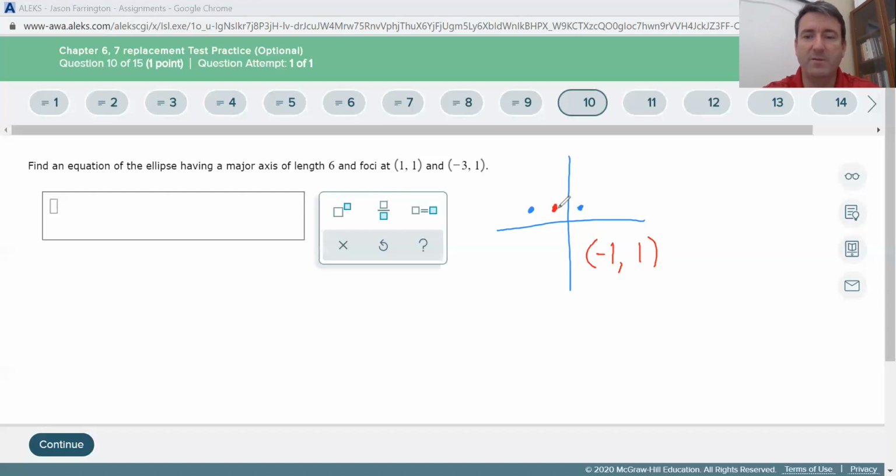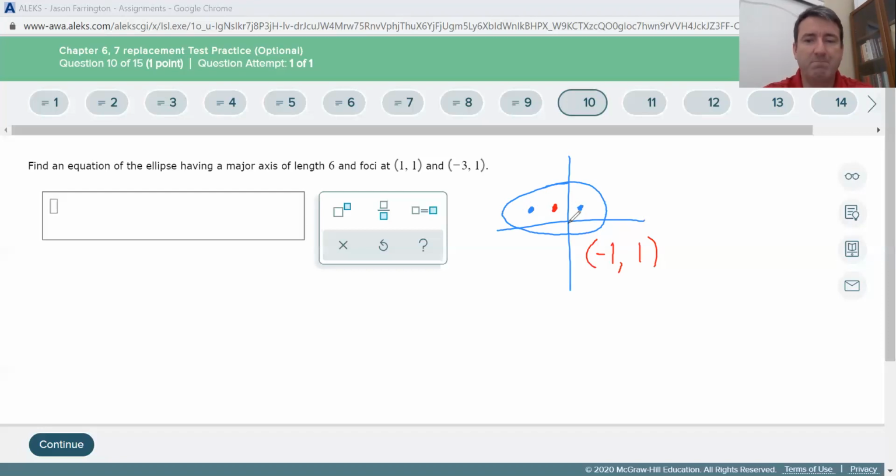By the way, we know that the major axis is going this way. So this ellipse is going to come out like this. So our major axis is parallel to the x-axis.